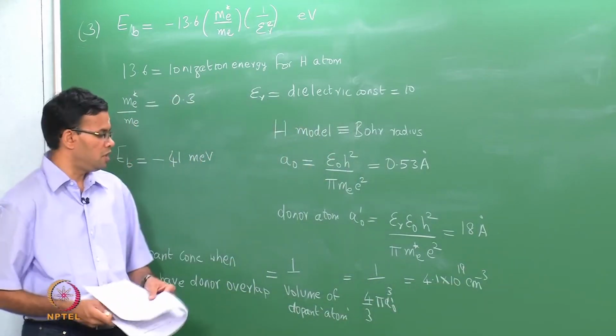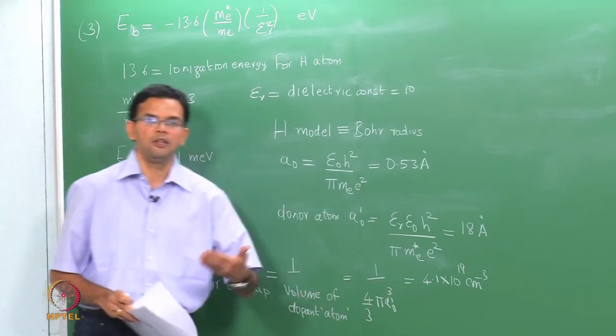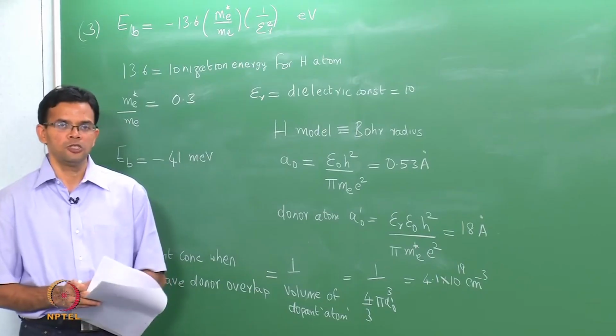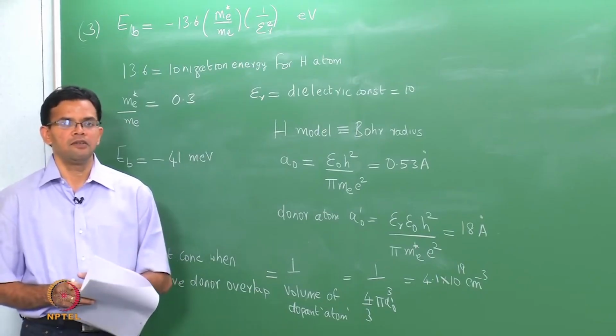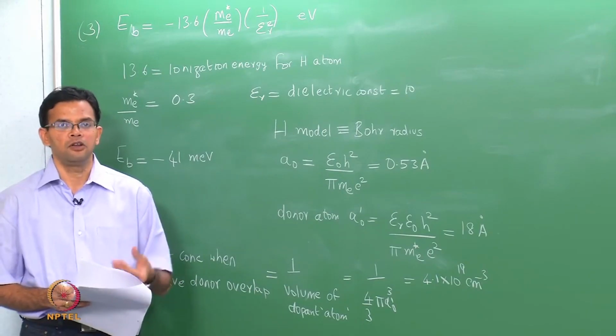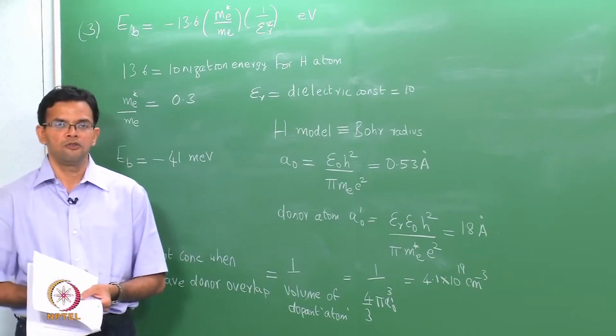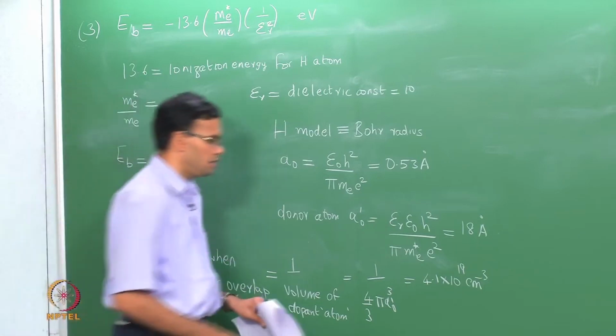So, at this concentration and at higher values of concentration, your donor atoms are essentially too close, so that the atomic levels mingle and we have a donor band. So, this determines the conditions for forming a degenerate semiconductor.